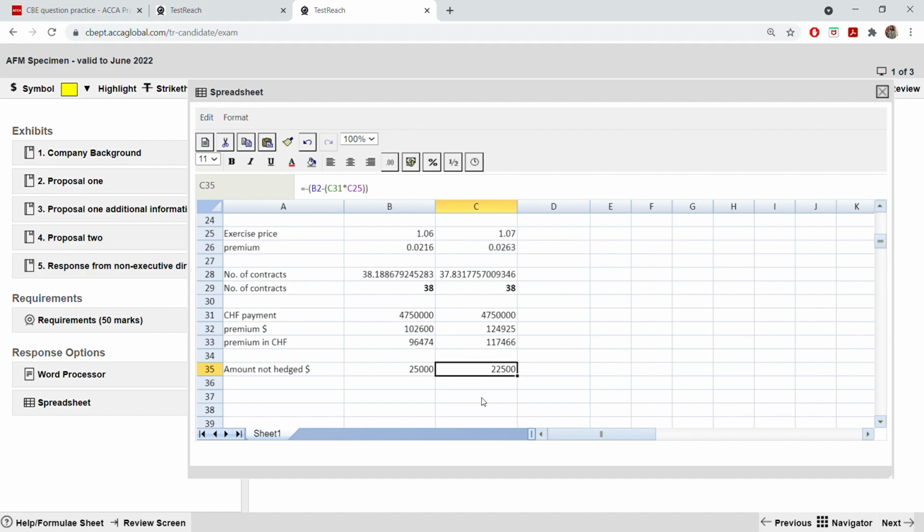But make sure that when you're writing it, use a formula like this, so that formulas can be seen, rather than typing that 22,500. So this amount is overhedged. That means you can take the benefit now. This is overhedged, so this will not come as not hedged.